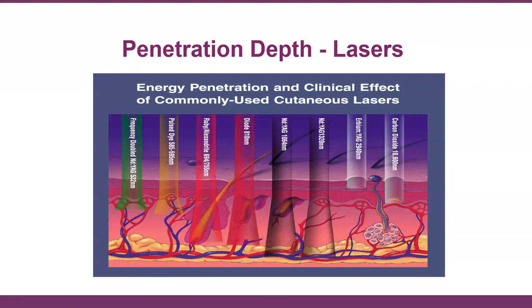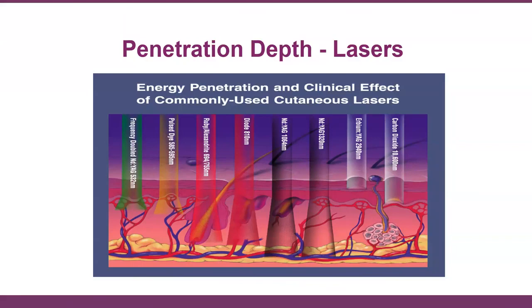The other interesting point on this diagram, if you look on the right-hand side at the erbium YAG at 2940 and also the CO2, the carbon dioxide laser at 10,600, you see these are suddenly penetrating much more superficially into the tissue than the Nd:YAG is.